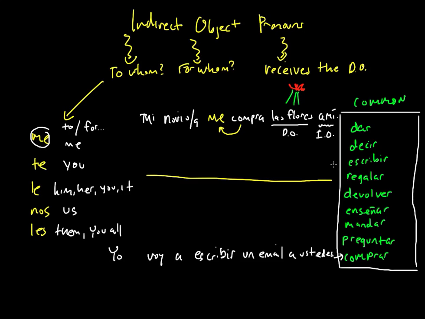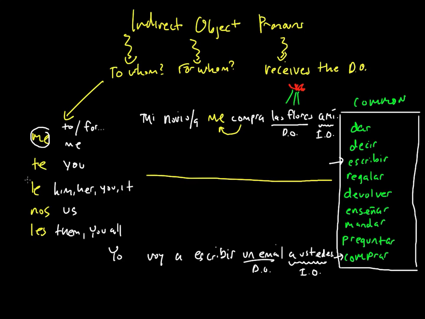Okay, so I'm using this verb escribir. And the first thing we do, we have to identify the direct object, which is un email. That's what's being received. And the person receiving the email is a ustedes, and so this is the indirect object.